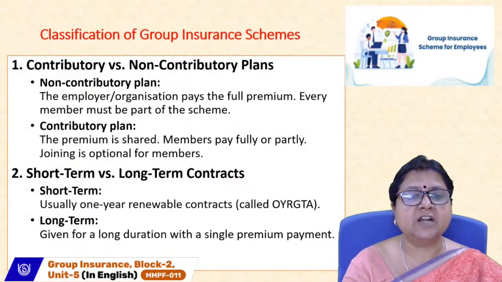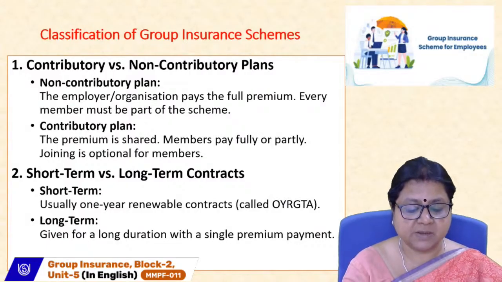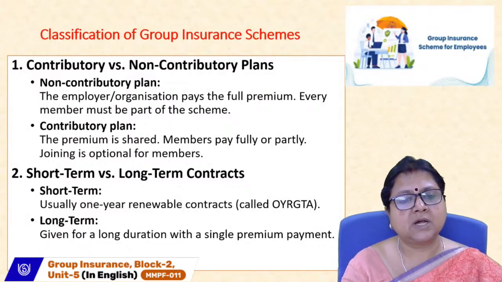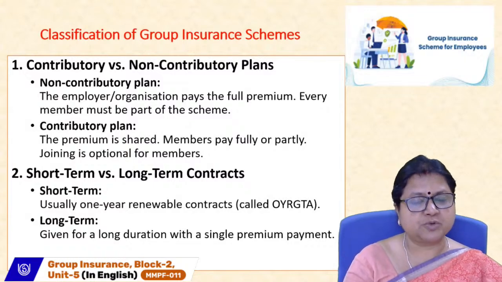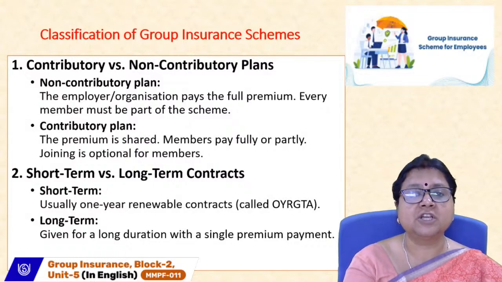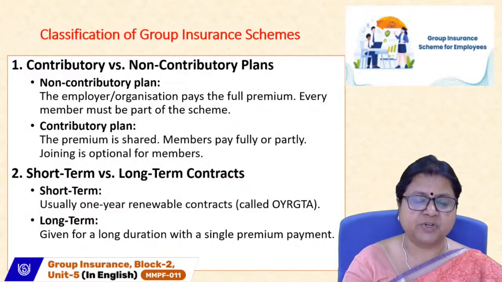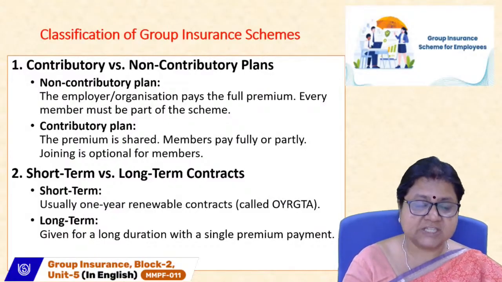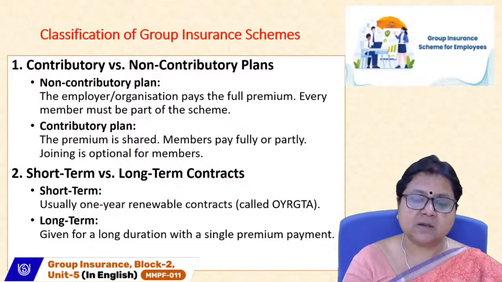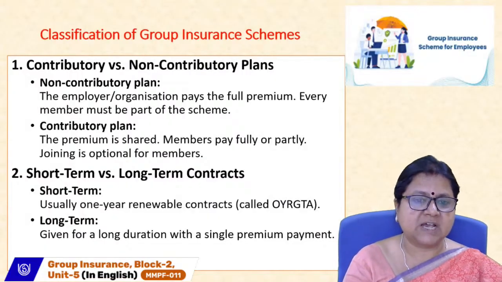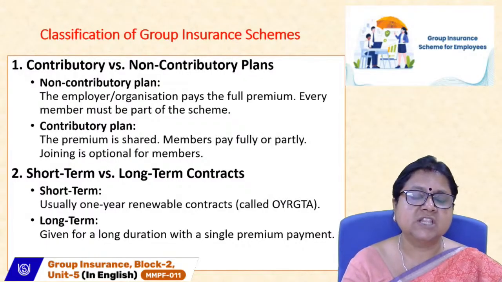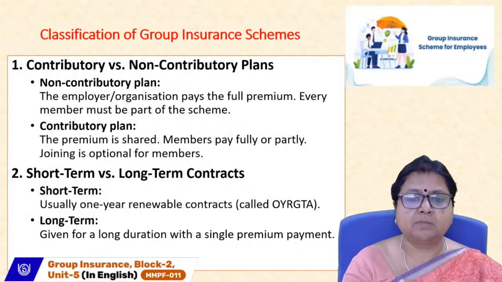Now that also might be optional for the members. Suppose an employee is joining the organization. He will be given an option whether he wants to go for the group insurance scheme or not. Suppose he says yes, then some amount from his salary will be deducted towards the premium of this plan.